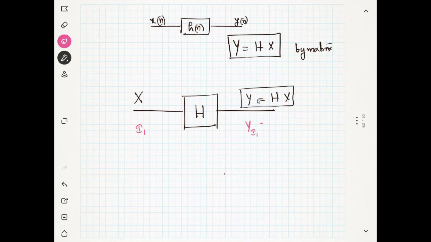Y of I1 will be equal to H into I1. Do you agree with me? Instead of X, I am giving the input I1.